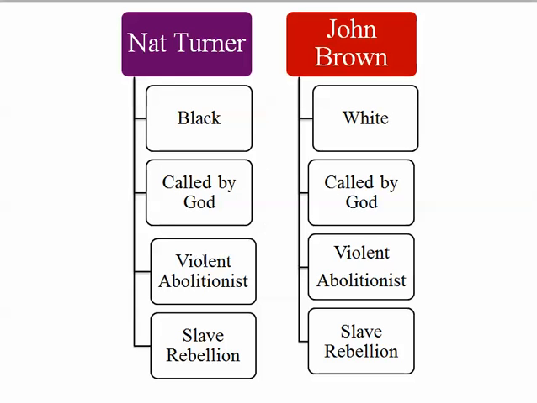And both of them were violent abolitionists moving for a slave rebellion and freedom of the slaves. So those are some similarities, and some differences between Nat Turner and John Brown. Nat Turner was in Southampton County, Virginia. John Brown was in Harpers Ferry, Virginia, which is now West Virginia.